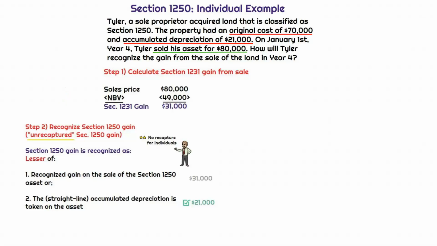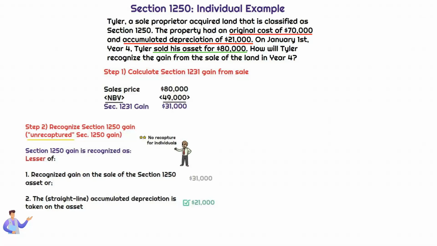Okay, so as we said, the accumulated depreciation was $21,000. So that tells us that this is less than the gain that is realized in this step 1 calculation. Okay, so $21,000 is going to be recognized as the unrecaptured Section 1250 gain. Okay, there's no recapture for individuals.